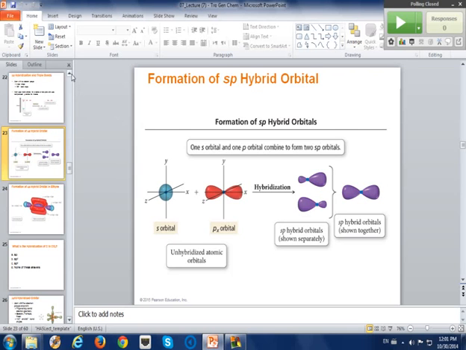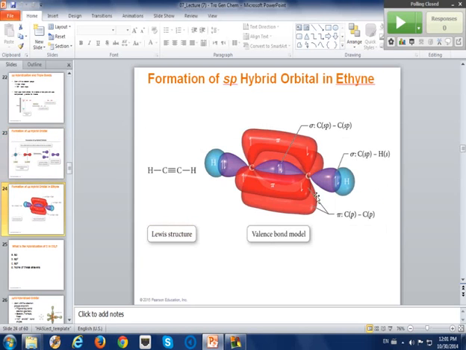Rather more involved when we consider three-dimensionally, combining the s with three of the p, but likewise in those cases.